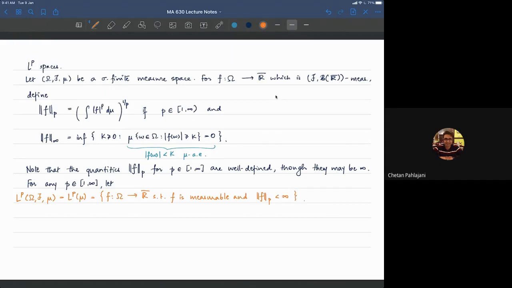All right, there you go. That's what your L^p space is. Okay, so L^p(Omega, F, mu), which I can also write as L^p(mu), is simply the collection of all functions f taking omega to R-bar such that f is measurable and this symbol is finite. Namely, the p norm of f is finite.